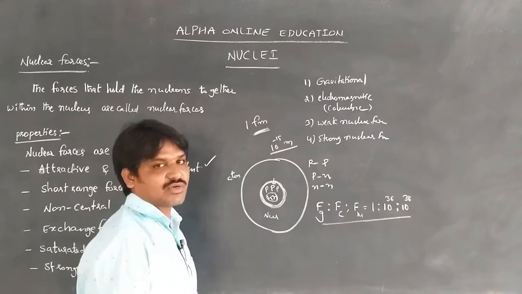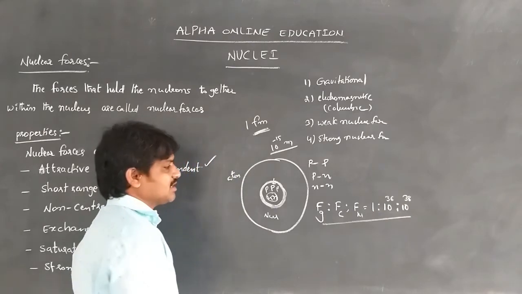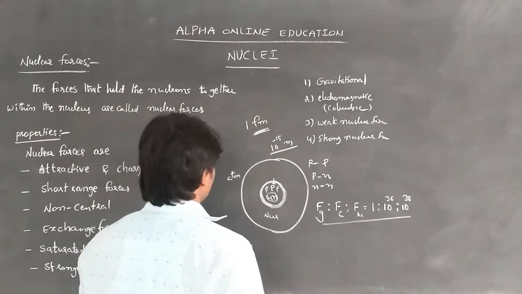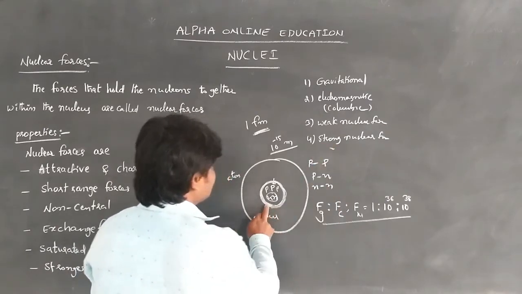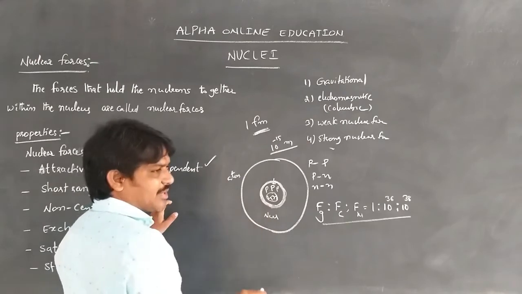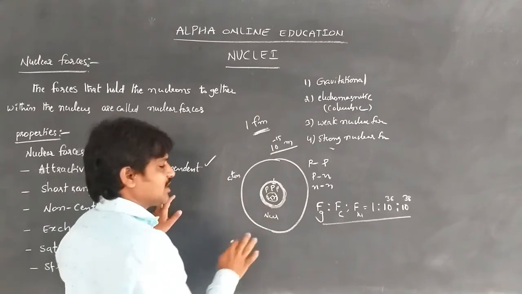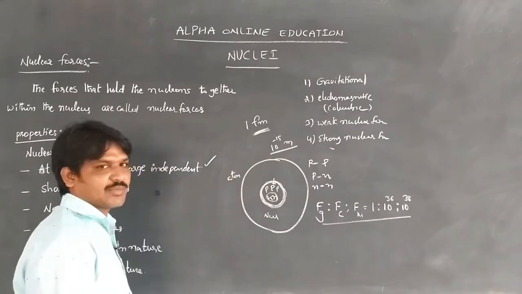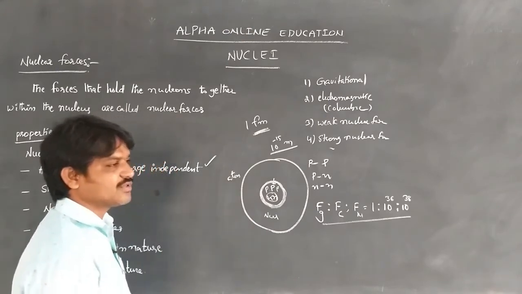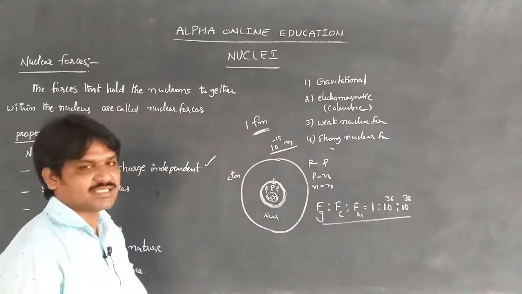The strongest force in nature is the strong nuclear force. The nuclear force is charge independent. It does not depend on the charge of the nucleus, even if the charge is more, and the force acting between them is the same.